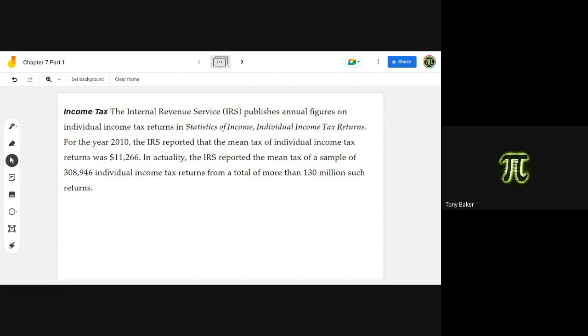However, computer time and everything else to verify things makes it a little bit harder. So what they actually do is they report a sample of it. They randomly select a group of them and do the sample. They looked at 308,946 tax returns out of the 130 million that they actually got.